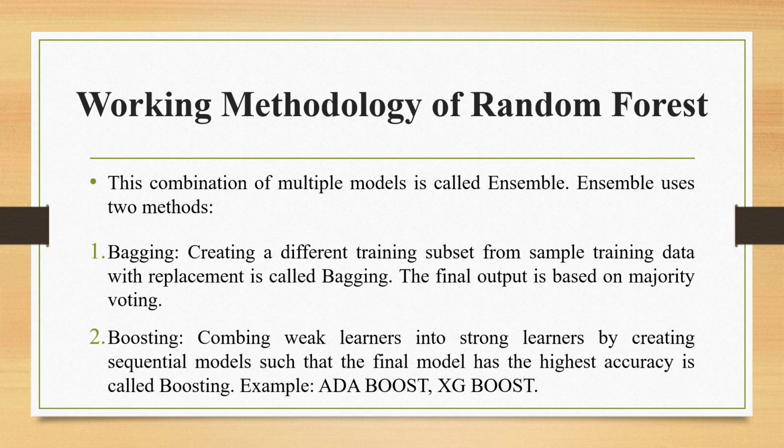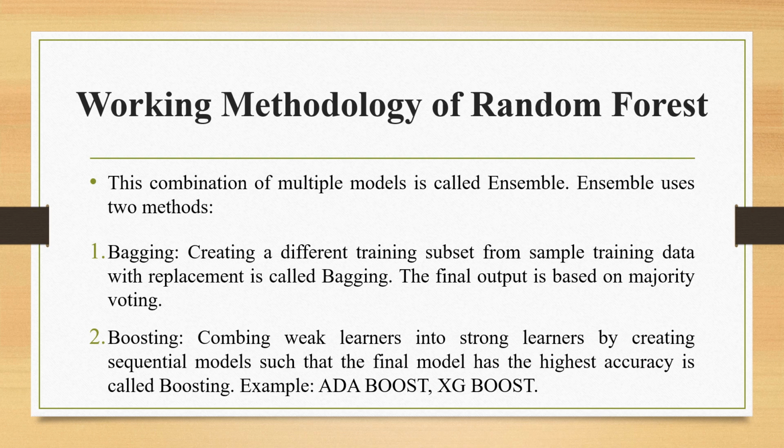Having covered the working methodology of random forest in the previous slide, we will now learn the concept of bagging, and also the boosting concept. The combination of multiple models is called an ensemble. An ensemble uses two methods: first bagging and second boosting. Bagging is creating different training subsets from sample training data with replacement.